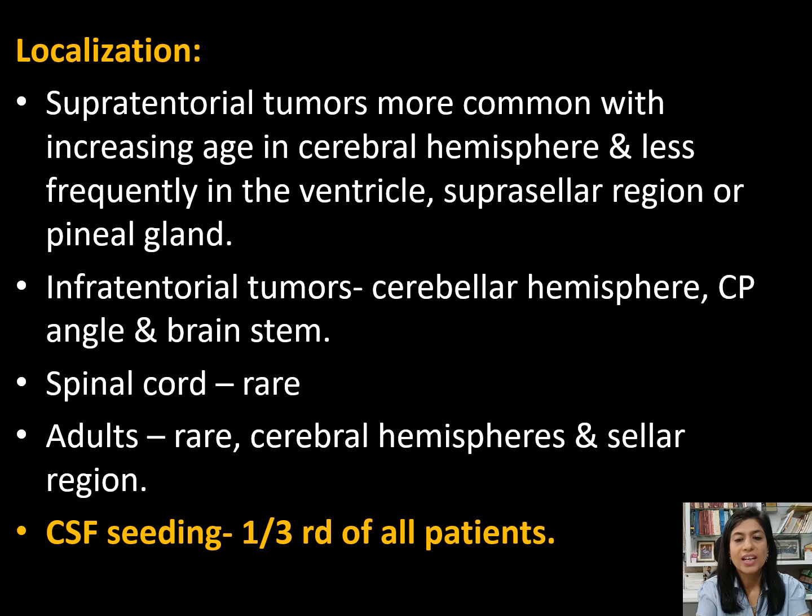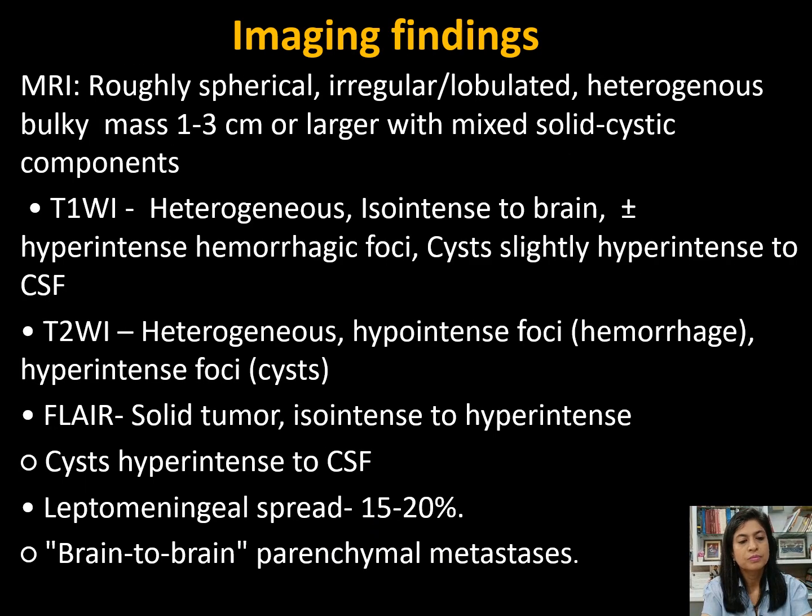Spinal cord localization is rare. Even adults are affected, but this is very rare, and these tend to occur in the cerebral hemispheres and the sellar region. CSF seeding is seen in 1/3 of all the patients at the time of presentation. So it is very important to get the imaging of the complete neuraxis.